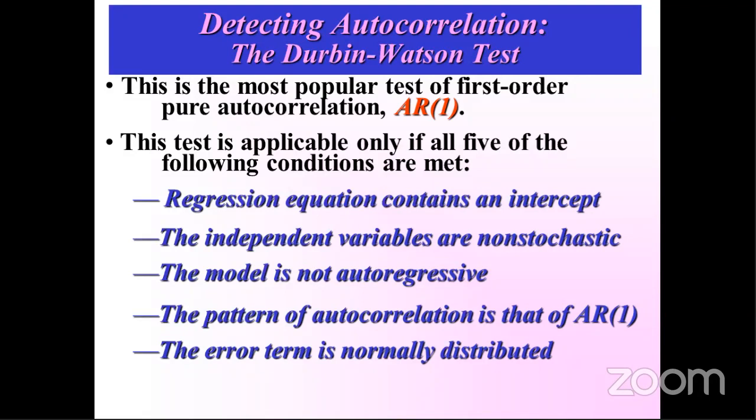The reason for having more than one diagnostic test, and more than one correction or remedial measure for all these problems of regression analysis, is the data. All these problems, whether the problem of multicollinearity, heteroscedasticity, or autocorrelation, are related to data. That means related to the sample, not to the population.